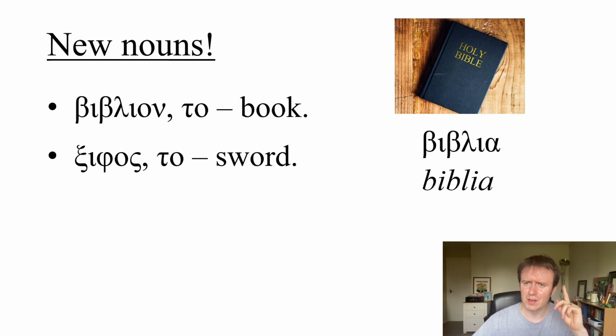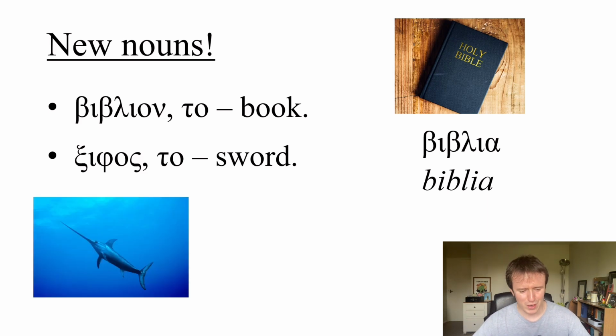Now, with regard to xipos, meaning sword, I don't know of any obvious derivatives, okay? If you know of one, then please do post it in the comments. But one that I found, which is not in common usage, but you might be interested to know, is this creature here on the screen, called a swordfish.